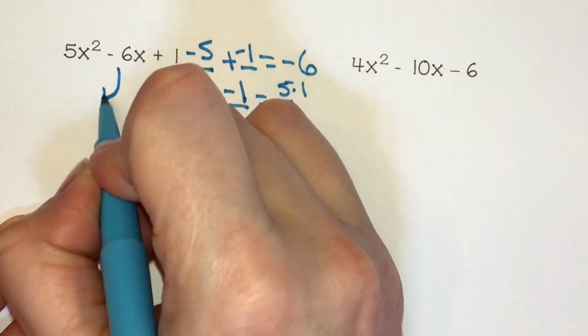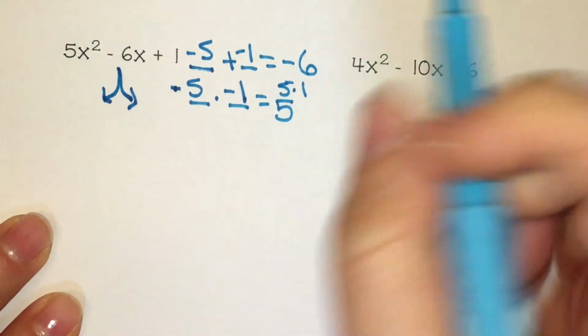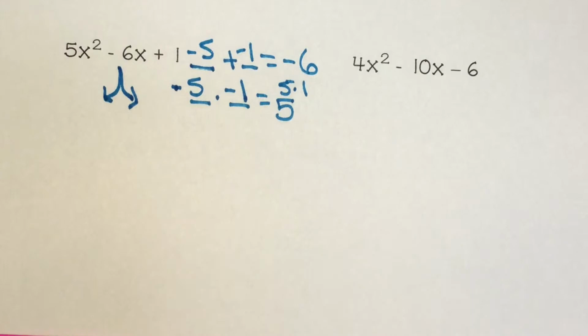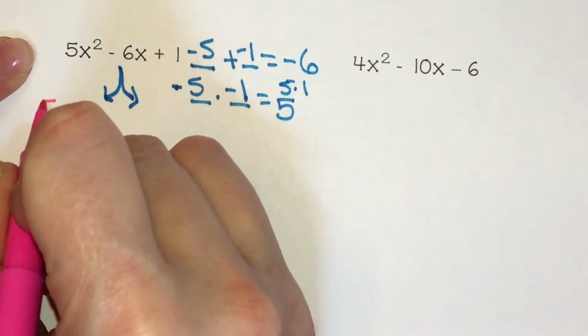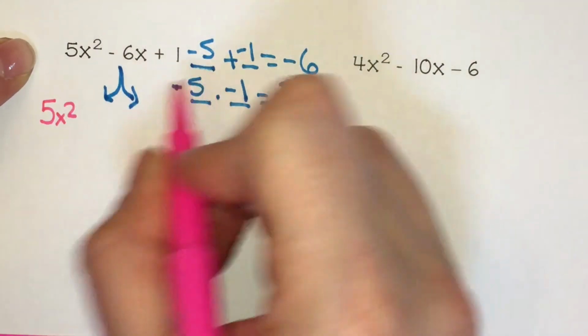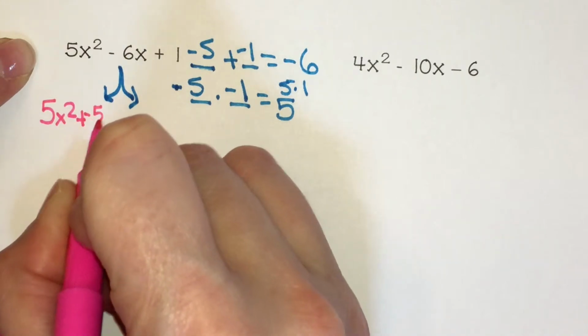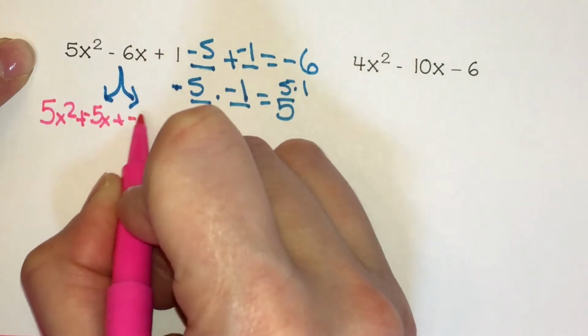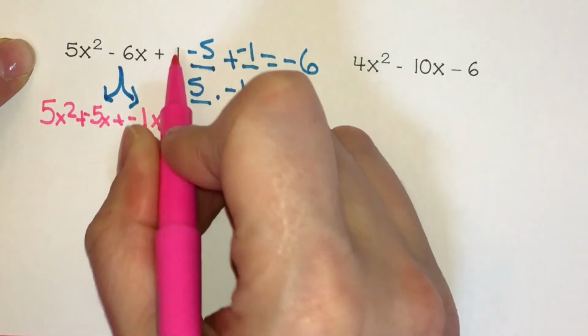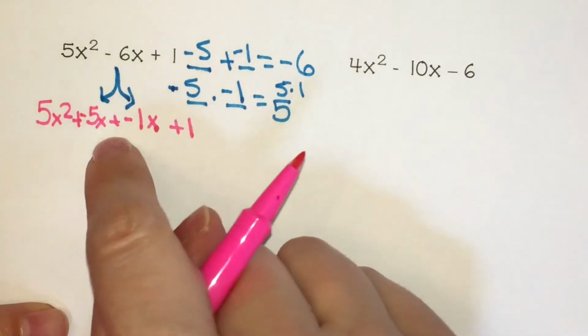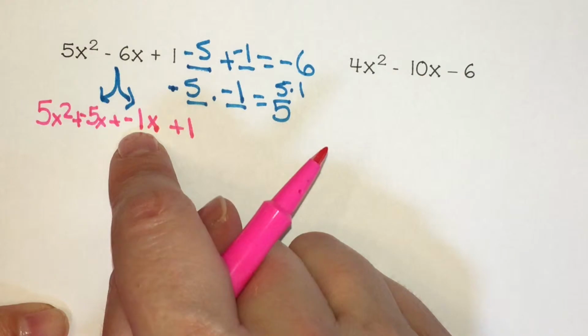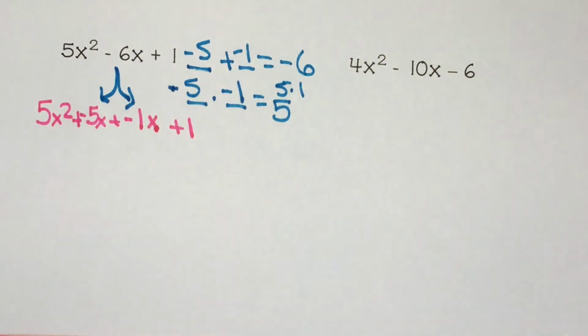So that splits my negative 6x into 2. So here, we have to bring down our 5x squared plus negative 5x plus negative 1x. Bring down the plus 1. I just put plus the negative because I wanted to make sure that I had plus in between the parentheses.